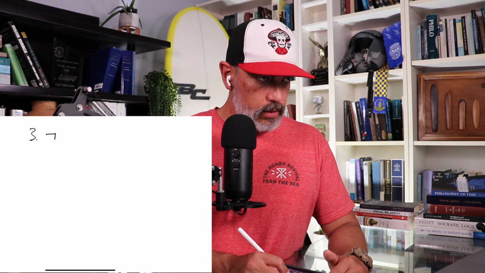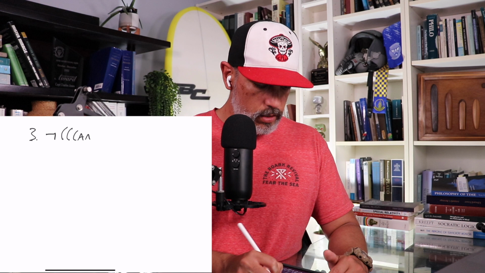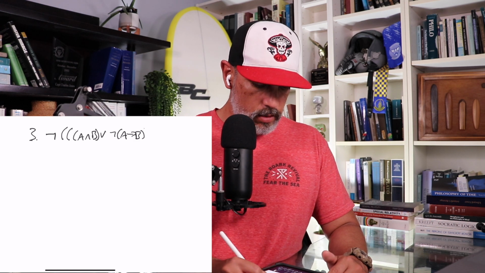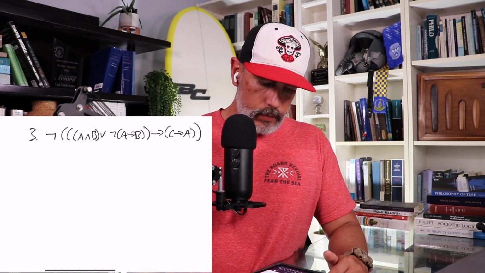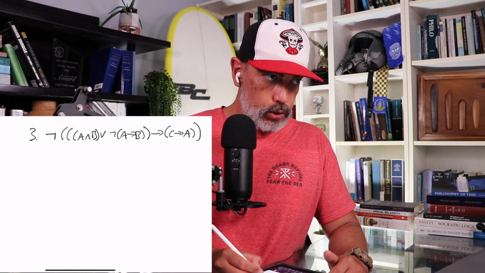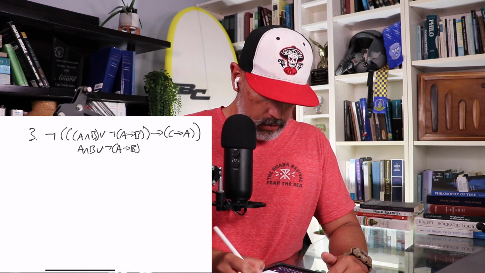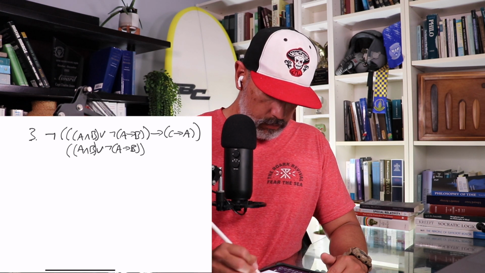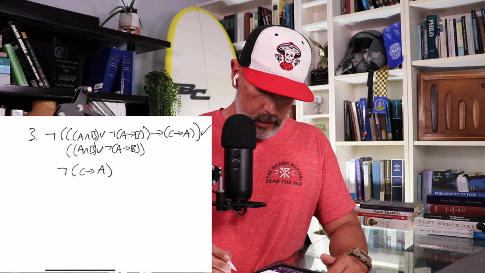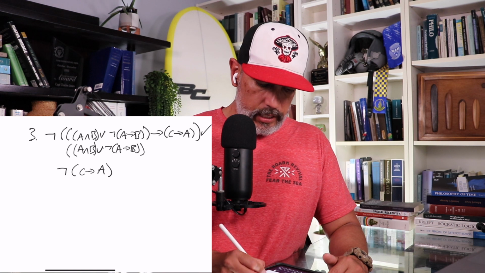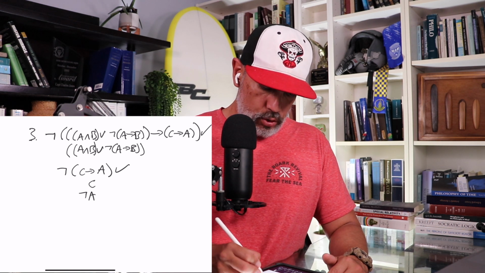Number 3, not, oh man, unnecessarily large. Okay, first the negation of that conditional. So that looks like this. And then let's do the negation of that if C then A. Then we have the disjunction.